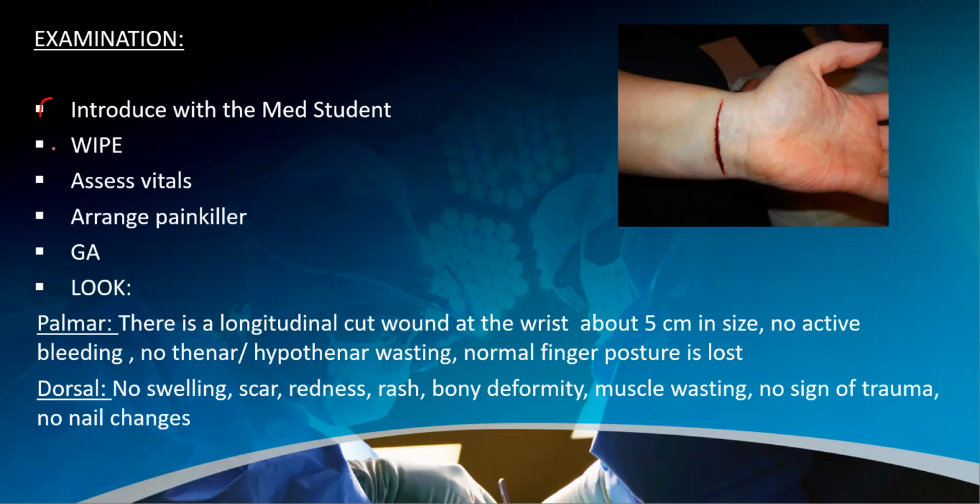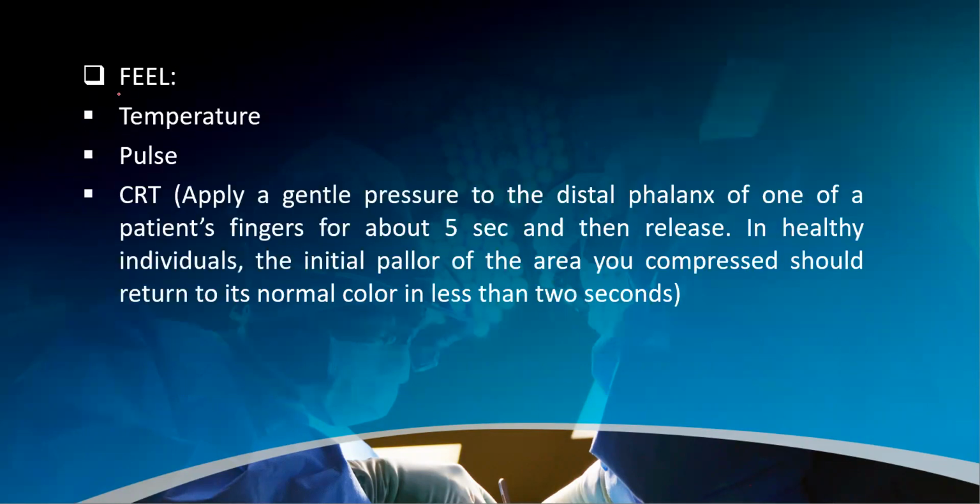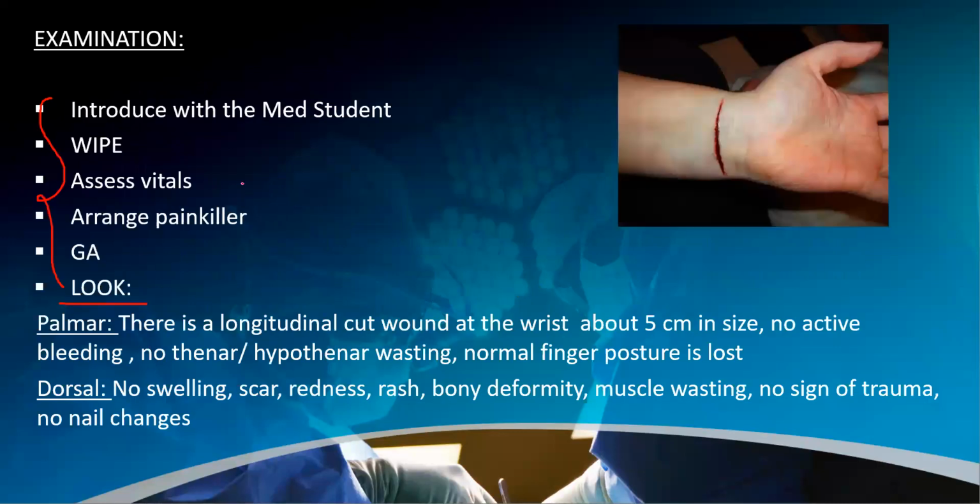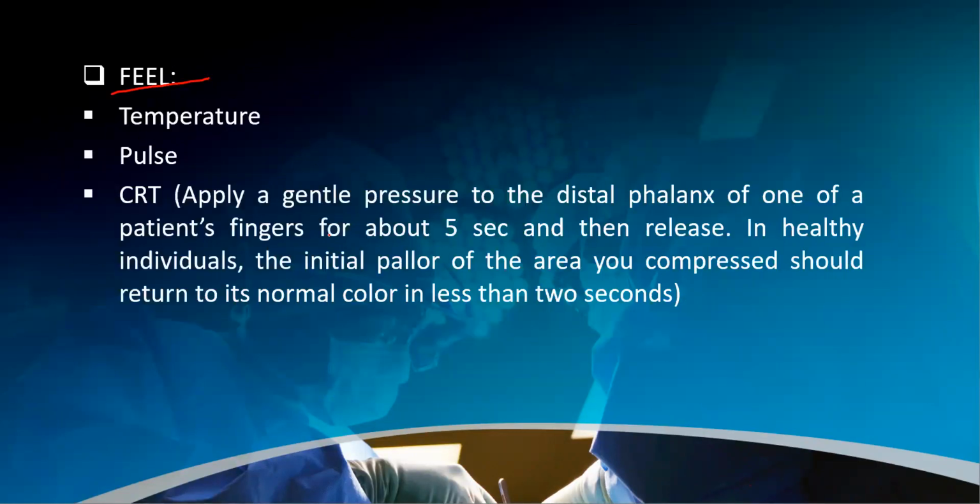So you start with the general introduction, look, feel. Now remember, in look, feel, don't take a lot of time. That's how you manage time. In introduction, don't take too much time. Just finish it within 2 minutes, and then keep 6 minutes for the next part.